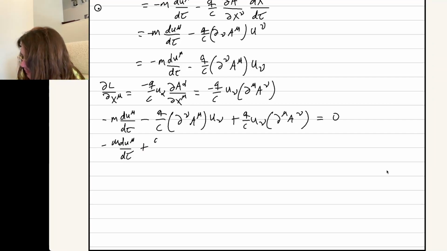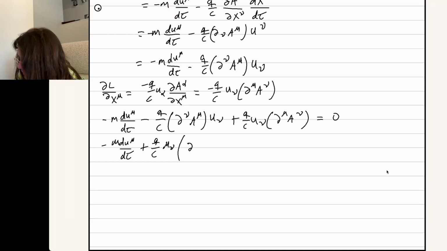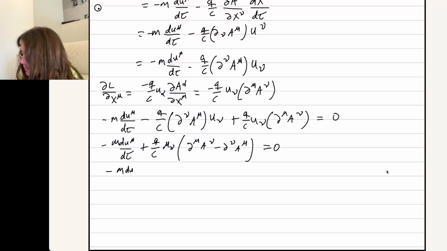So we have plus q over c, and then we're going to have u_ν on each of them, and then this is going to be ∂^μ A^ν minus ∂^ν A^μ. That's actually the definition of the field strength tensor.